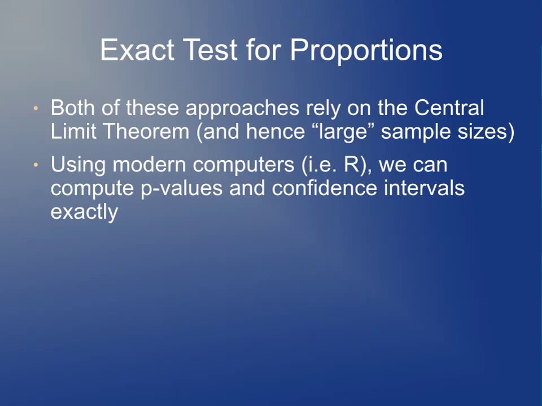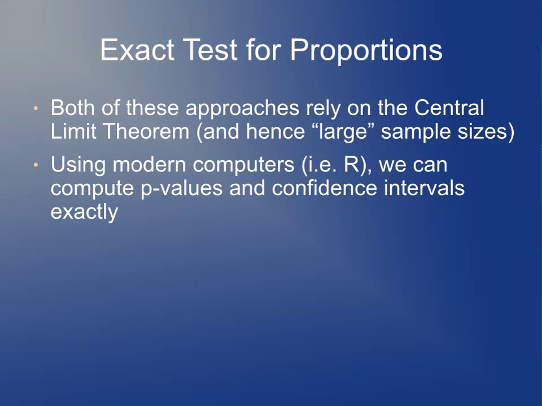I'll note in passing that it's possible to do exact tests for proportions. Both the normal theory approximation and the chi-square approximation rely on the central limit theorem and hence require large sample sizes. But using modern computers, it's actually possible to compute these p-values and confidence intervals exactly.